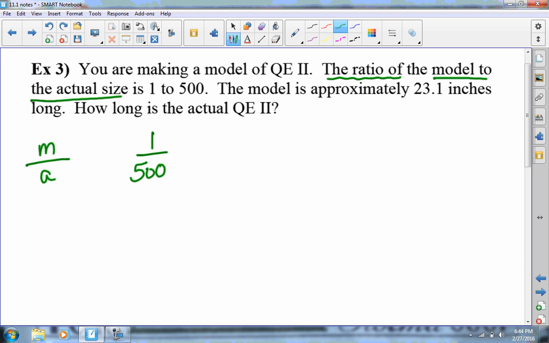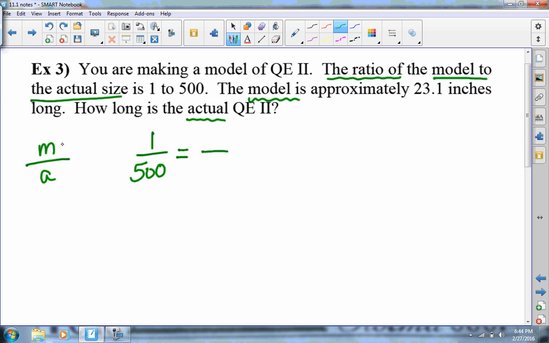So now we have to keep reading for the rest of our information. It says the model is approximately 23.1 inches long. How long is the actual? So they're telling us more information about the model, and they want us to find the actual. So we have to do a proportion here, so I have to set a fraction equal to another fraction.